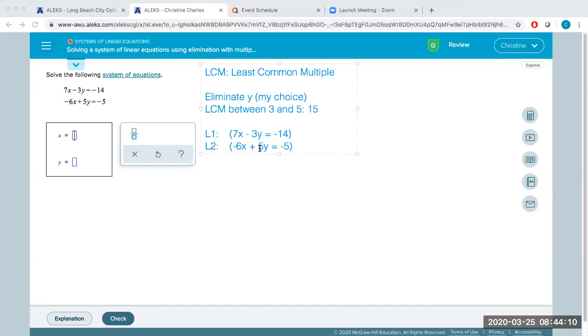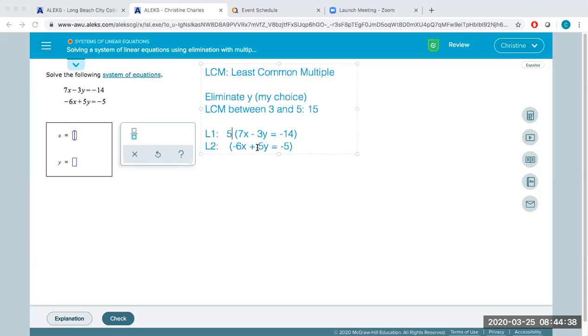So here's what we do. If I'm looking at the 3 here, and I want to multiply it by something to get 15, what would I need to multiply by? Well, I need to multiply by 5. I'm going to multiply that 5 not only to the term with 3 in it, but also to all the other terms.